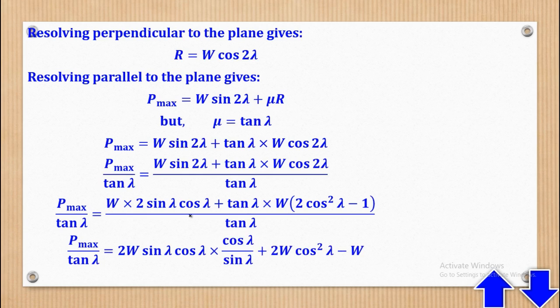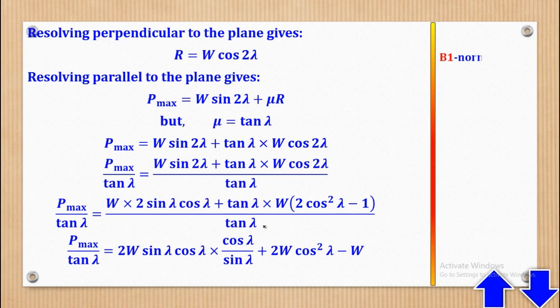The next is to split the numerator, so the whole of this divided by tan is the same as 2W sine lambda cos lambda divided by tan, so divide by tan you get cot, which is cos lambda over sine lambda. Then for this side, this tan will cancel with this tan to remain with W cos 2 lambda, which is 2W cos squared lambda minus W.